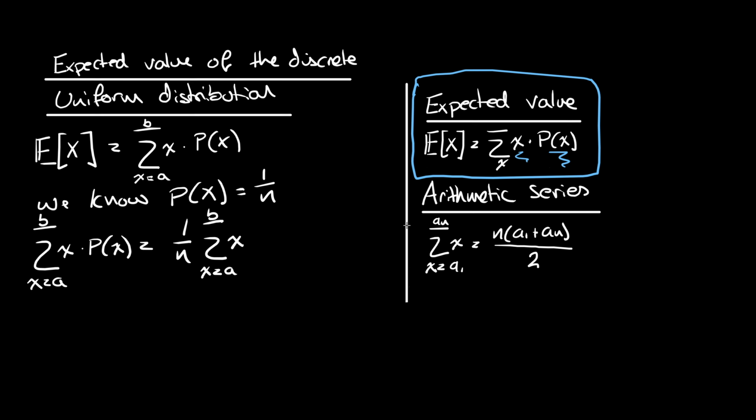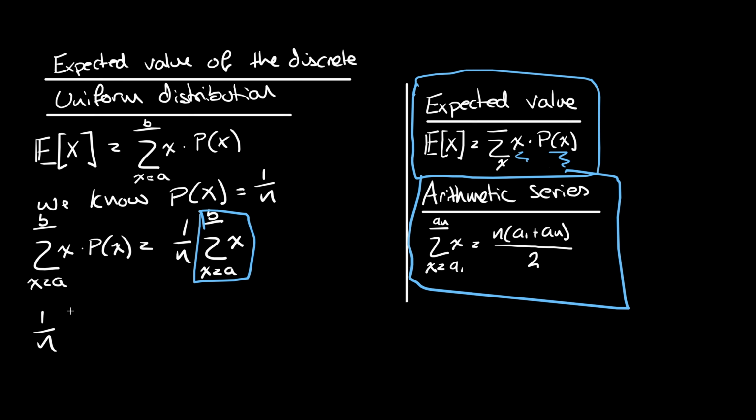What we need to calculate now is this sum of x from x equals a to x equals b. This can be achieved by applying the formula for the arithmetic series. That's written here.